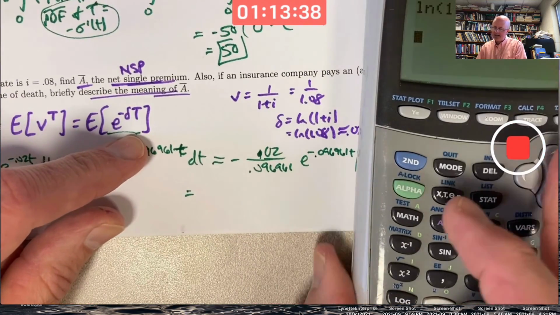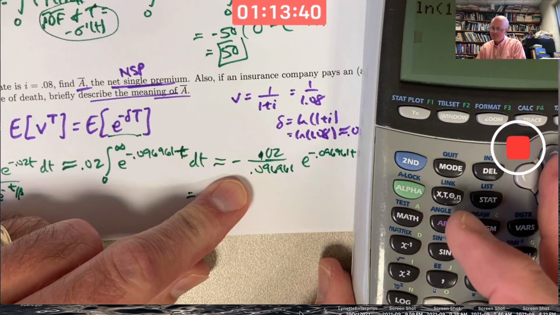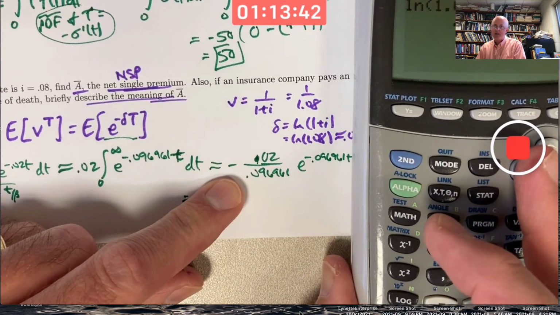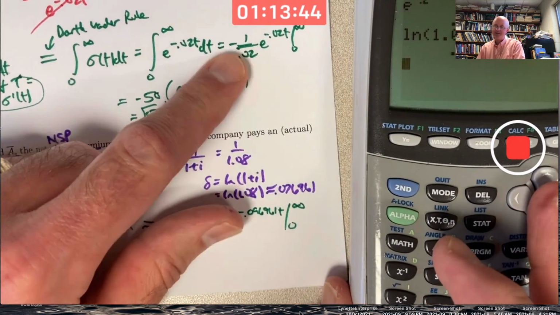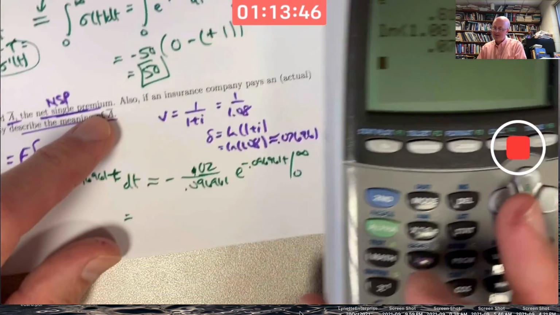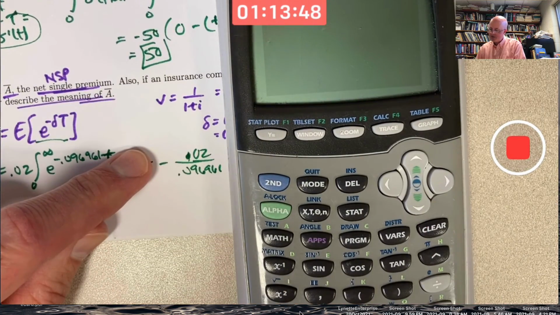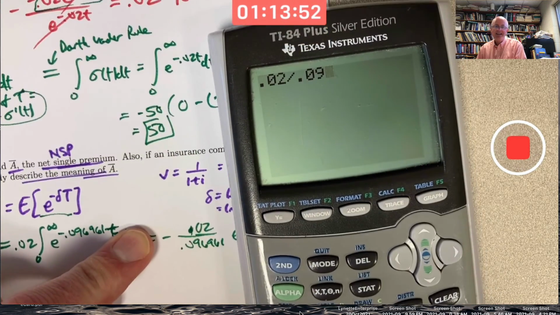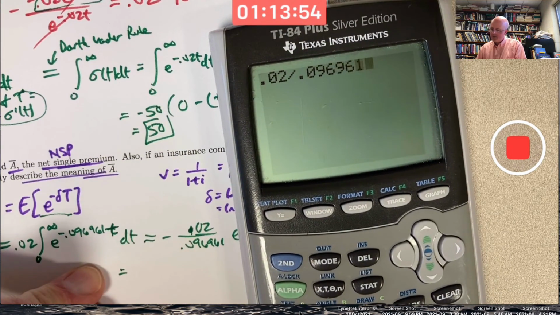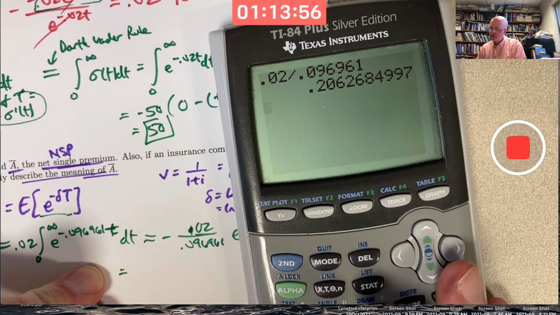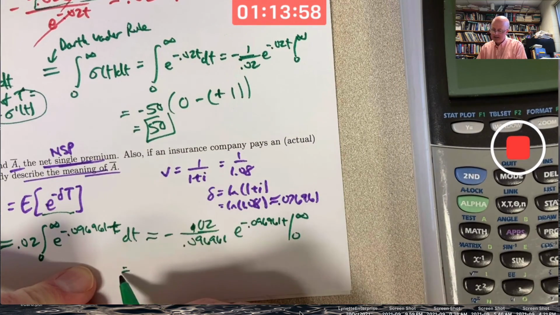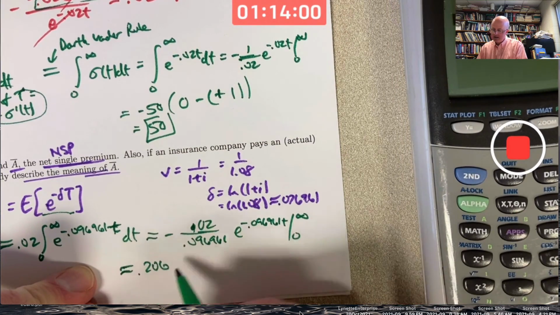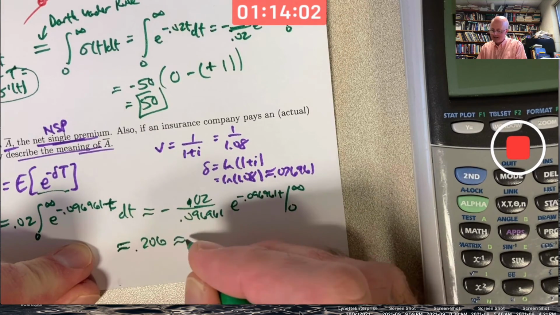In the end, we're going to get the positive version of this number here, just like we got the positive version of that number up there, 50. 0.02 divided by 0.096961. It's about 0.206, or say about 21 cents.